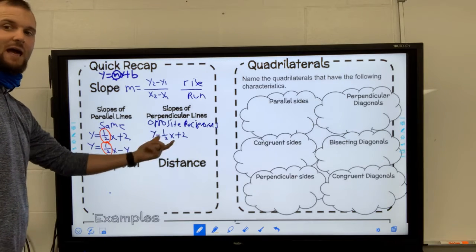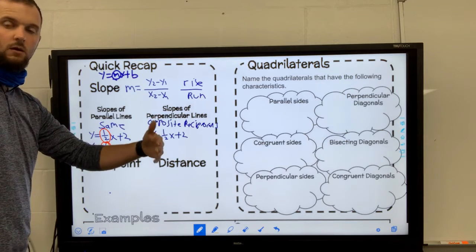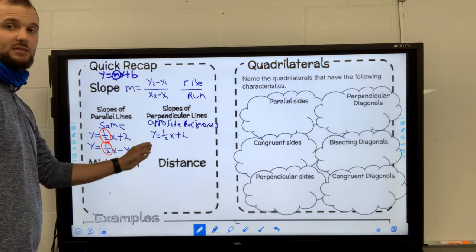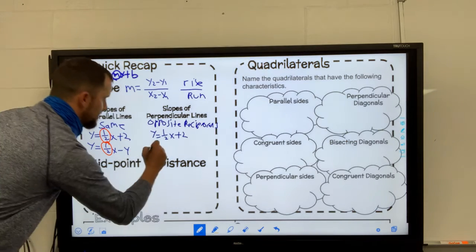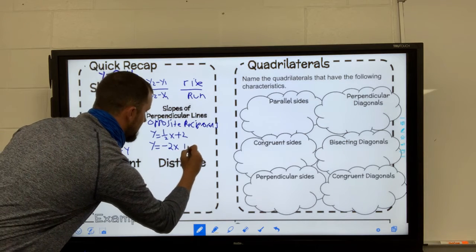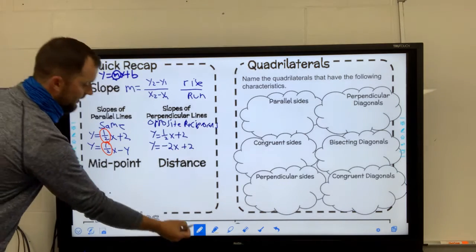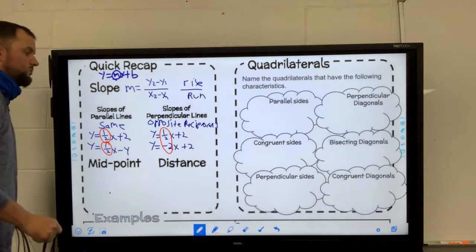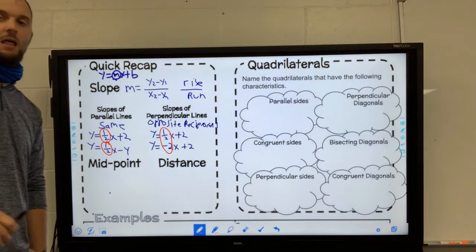Flipping 1/2 gives me 2 over 1, which is 2, and since it was positive, it becomes negative. So y equals negative 2x plus 2. These are opposite reciprocals, which means they're perpendicular lines.